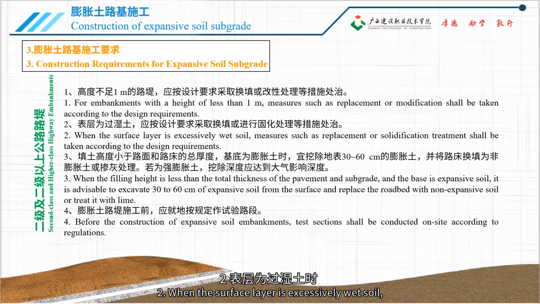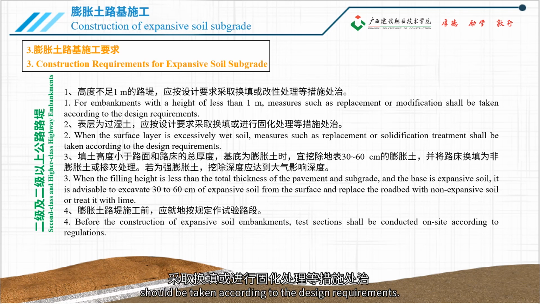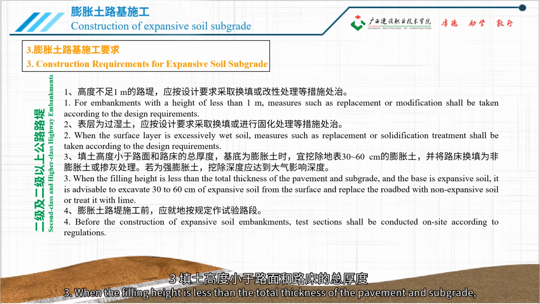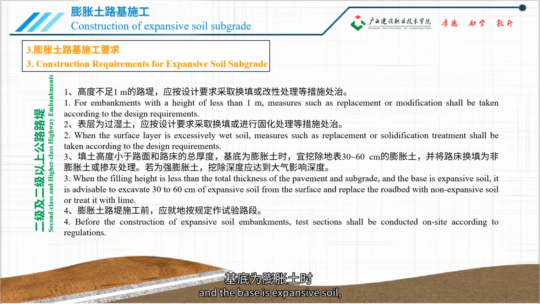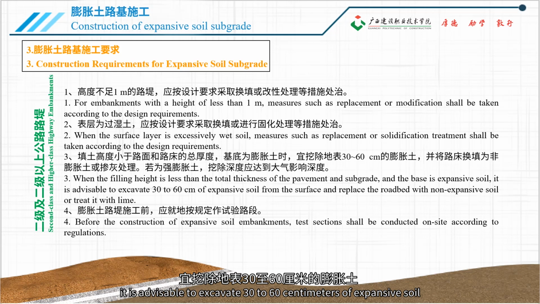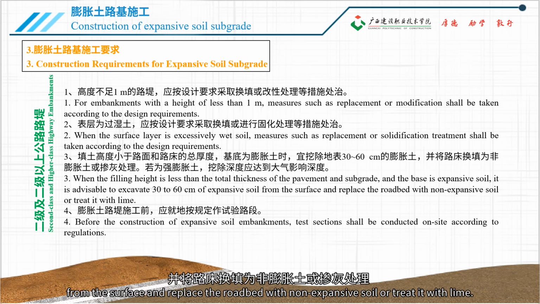2. When the surface layer is excessively wet soil, measures such as replacement or solidification treatment should be taken according to the design requirements. 3. When the filling height is less than the total thickness of the pavement and subgrade, and the base is expansive soil, it is advisable to excavate 30 to 60 centimeters of expansive soil from the surface and replace the roadbed with non-expansive soil or treat it with lime.